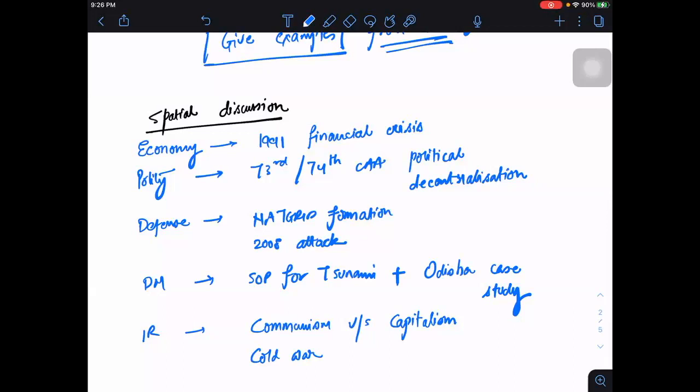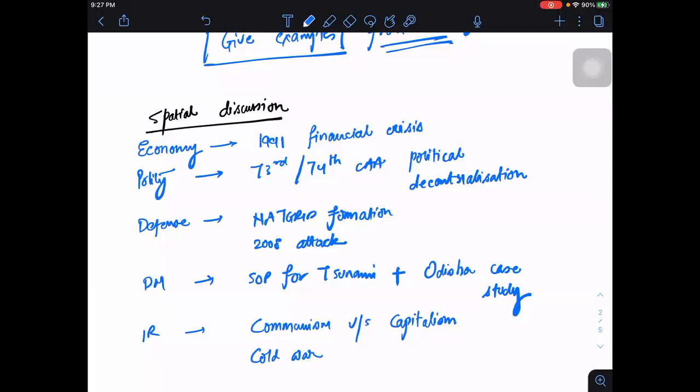Odisha is a very famous state which faces multiple furies in the form of cyclones. Many cyclones hit the state year by year, but now the SOP that they have built is so accurate that not even a single casualty occurs in any cyclone that takes place in the state. So that's a very famous case study.